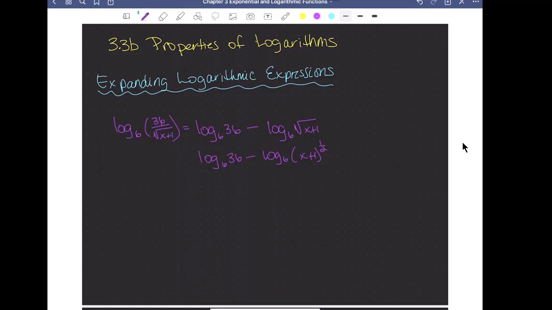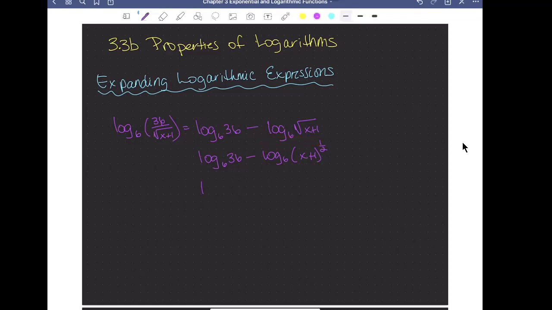So now we can use our power property, and our power property really only affects this logarithm. It doesn't affect the whole thing. That half doesn't go to this one, it just goes to the one on the right. And we know from the power rule that this 1/2 is just going to come out front.